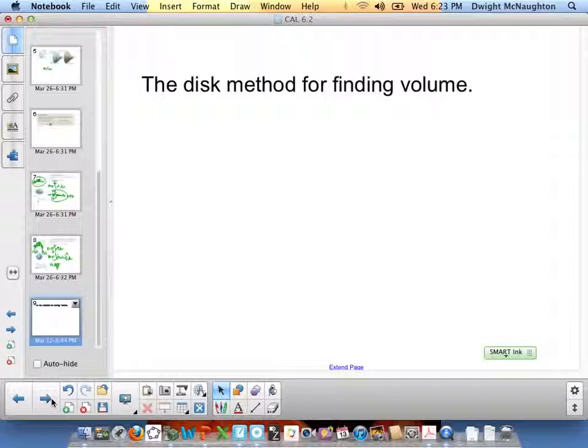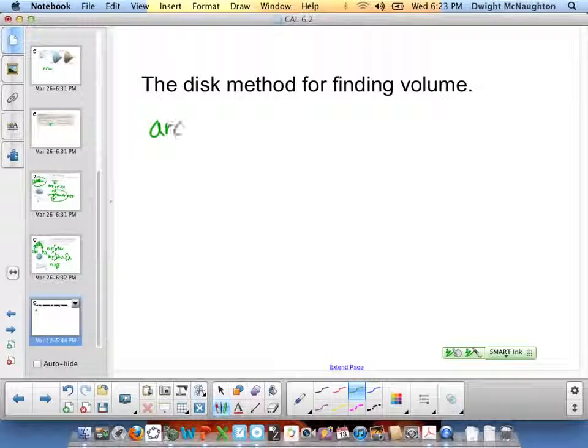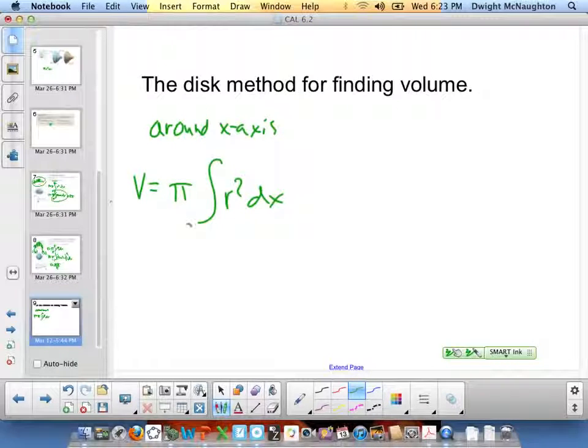So in conclusion, the disk method for finding volume. When you're rotating around the x-axis, or something that axis is horizontal, it's going to be pi r squared with respect to x from a to b, making sure r is in terms of x.